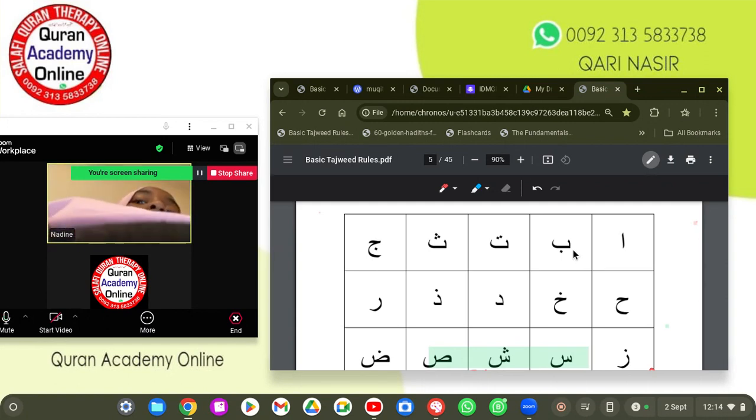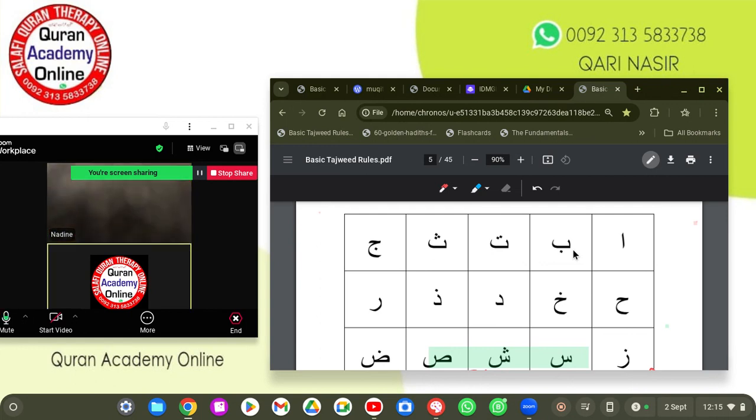Sheen, seen, za, ra, zal, dal, ka, ha, jim, ta, ba, alif. Okay, about supplication, tell me the hadith now.